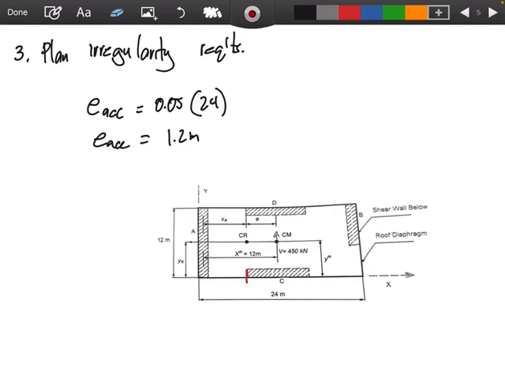Wait lang. So, ito, i-drawing ko na lang yung torsion dyan. Okay, so we are on the part kasi na ng torsional shear na. So, counterclockwise torsion. So, ang ating V, ang V natin ay ganito.